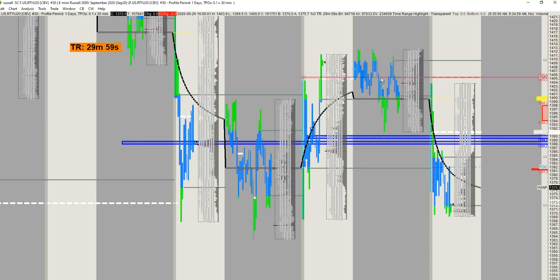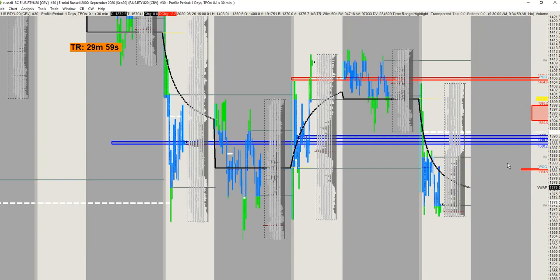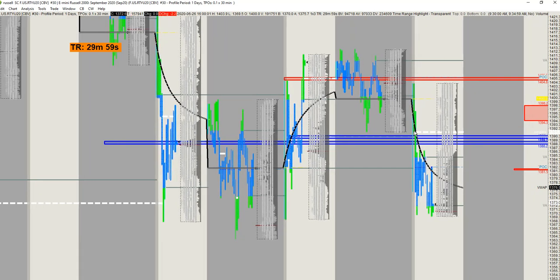This is what's important. This single print got tested several times, and we managed to trade much below it and sellers took control. The next day opened below it, tested it, and failed. That's an important nuance.